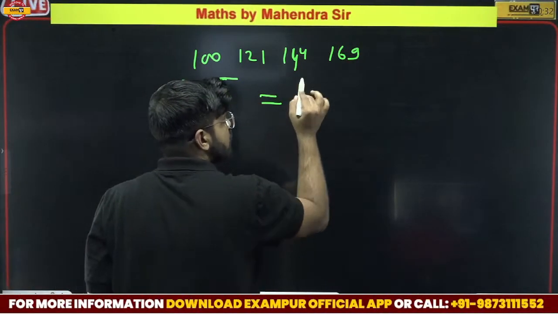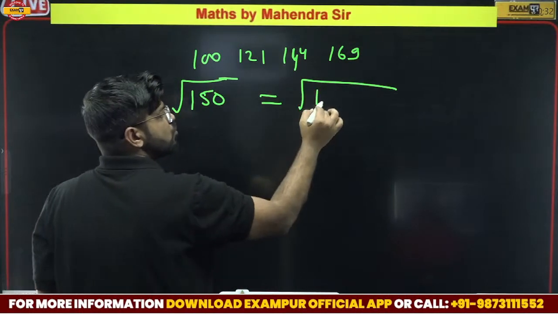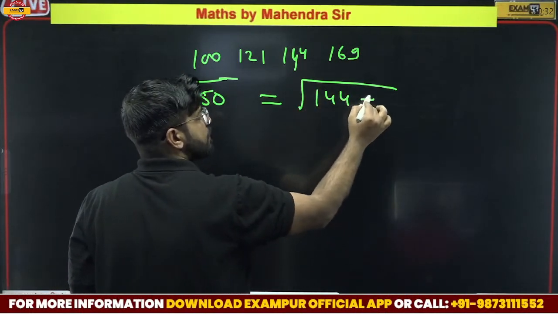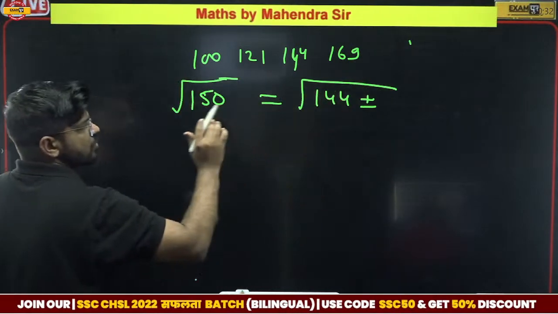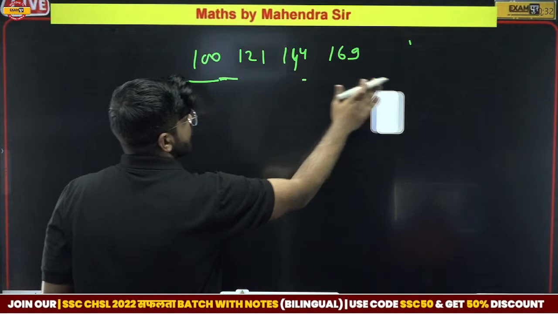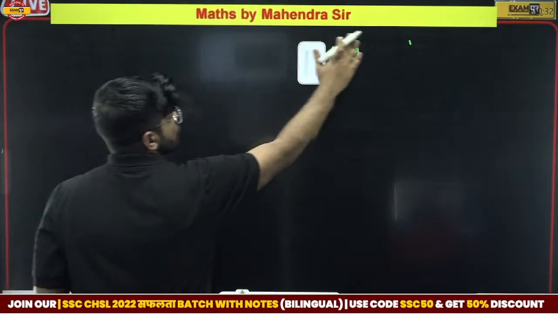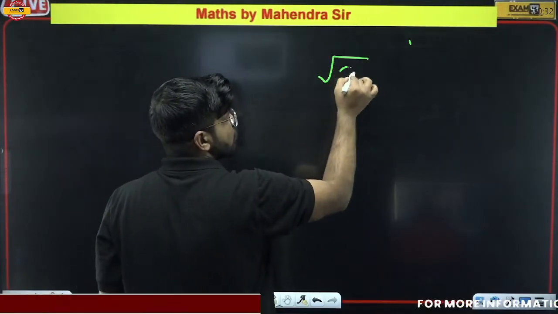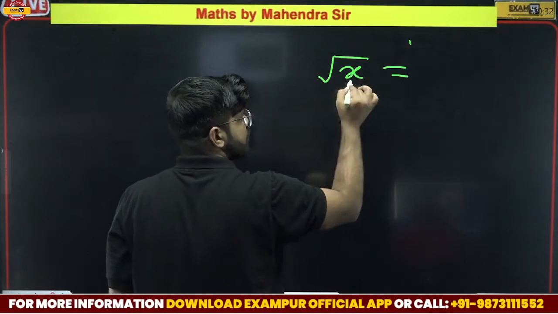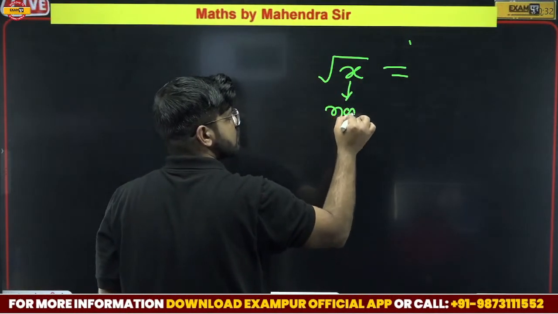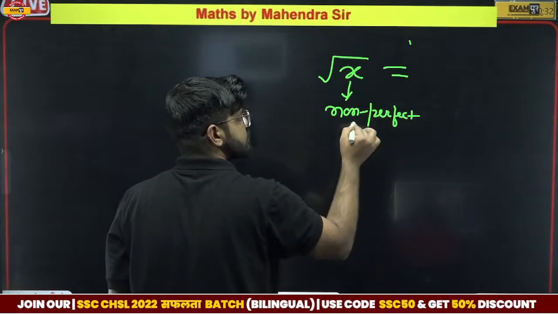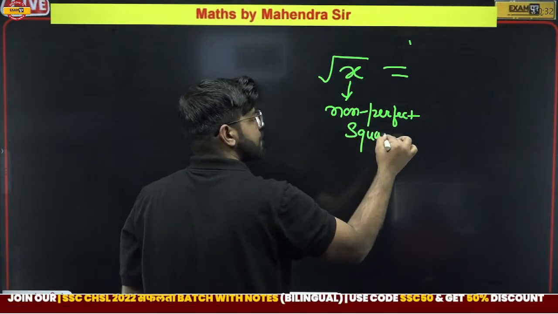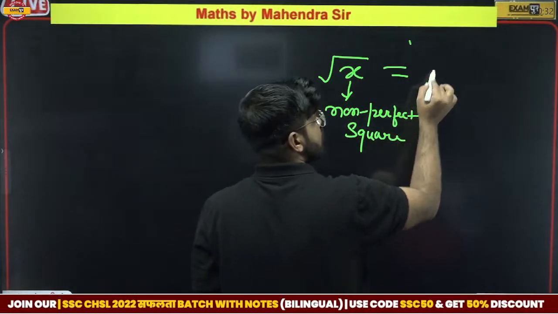You have to convert this number to the nearest perfect square plus or minus something. Let me tell you. Suppose we have under root x and this is a non-perfect square. Let me write it in the form of a formula.